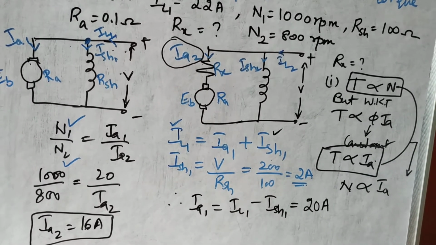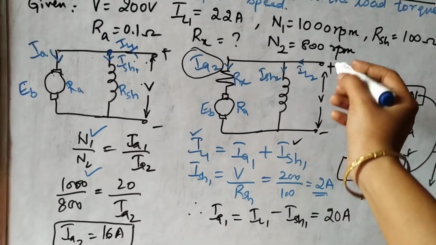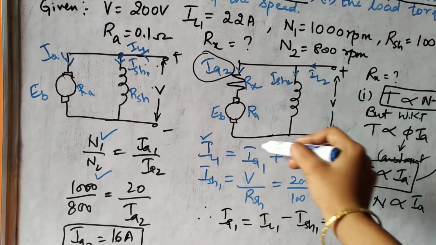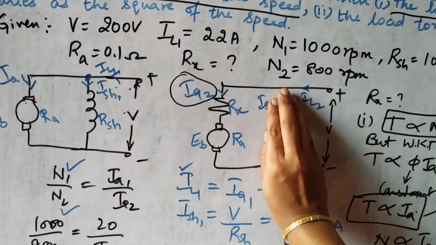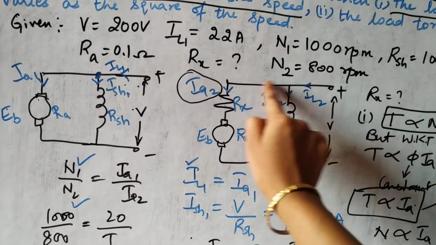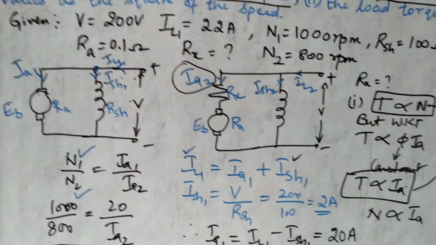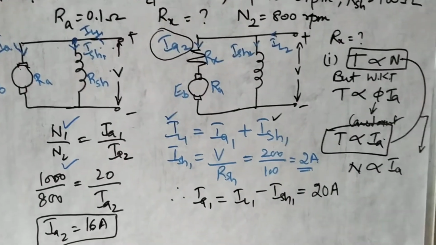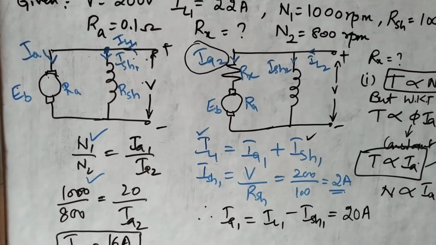Now you can find out what will be the Rx, by applying the KVL to this loop. Just hide this shunt and apply the KVL to this circuit. So you will get one voltage equation.